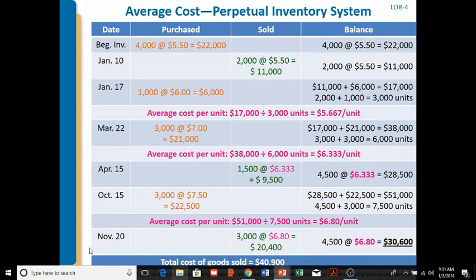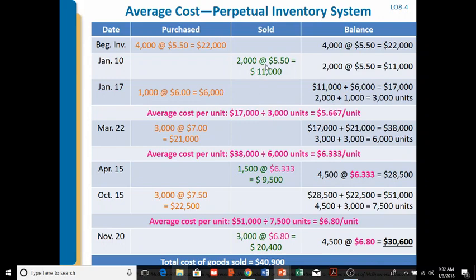And then on November 20th, that's going to be 6.80 per unit. So we sell 3,000 of those units at 6.80 per unit, which is going to be 20,400, and what remains is 4,500 units at 6.80, equaling 30,600 in our ending inventory.